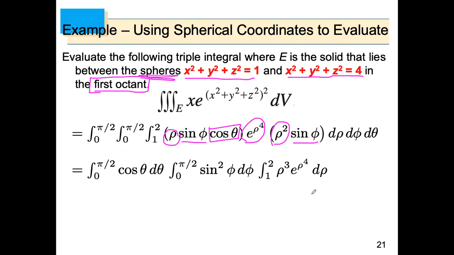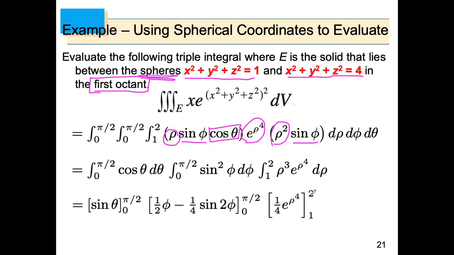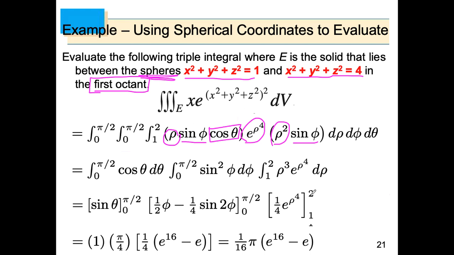And obviously this is a very easy situation for just about anybody in our class. You simply integrate each one individually, clean it up, and the answer I got was 1 over 16 pi times the quantity e to the 16th minus e. Now again, after you do it, your answer might look a little different algebraically, but if your answer is equivalent numerically, then I have no problem with your answer.